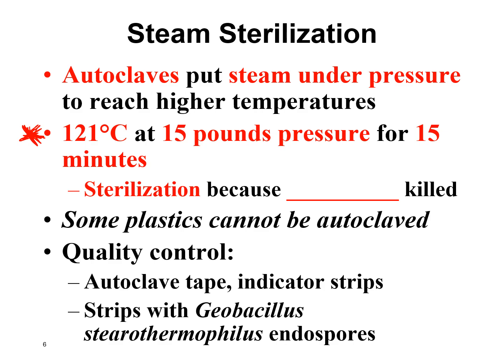So we're going to reach a much higher temperature. And we've got the steam under 15 pounds of pressure, and we need it to be at that temperature and that pressure for 15 minutes to kill off the bacterial endospores. And then that means that we've killed off all the other microorganisms, and whatever it is we've stuck in the autoclave will now be sterile.